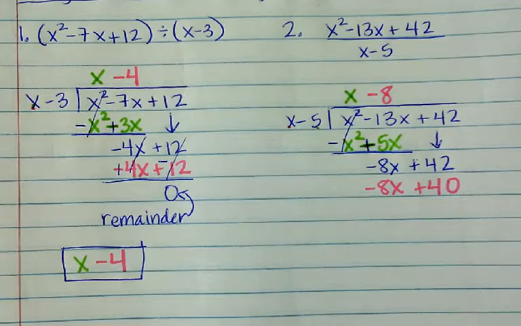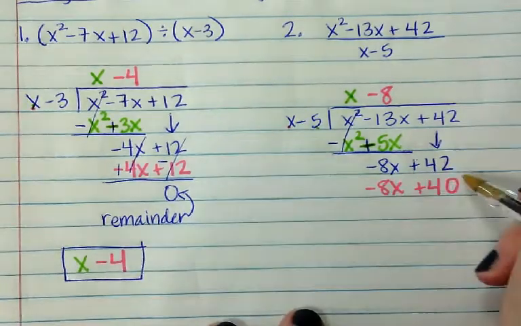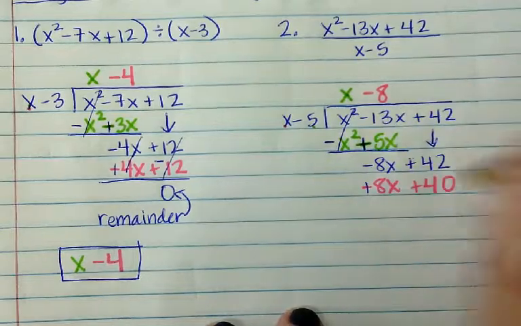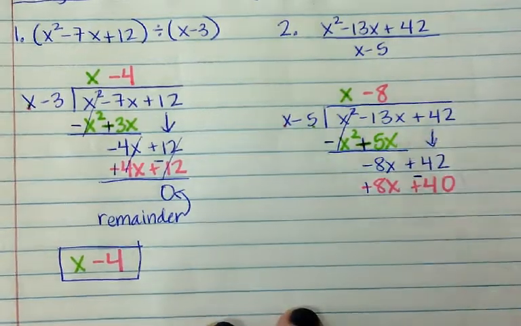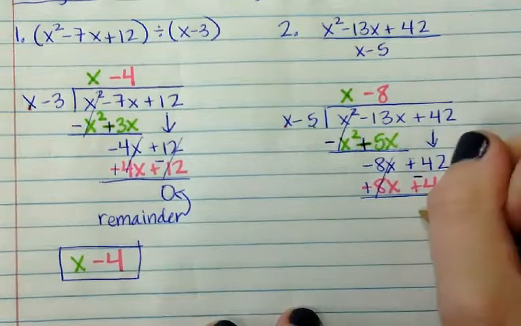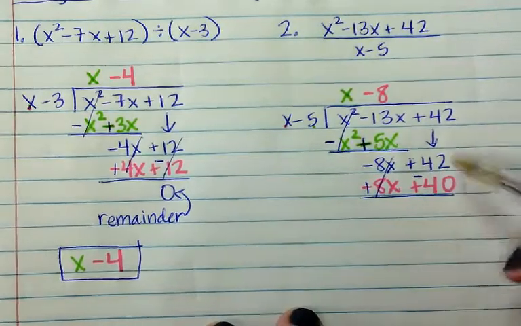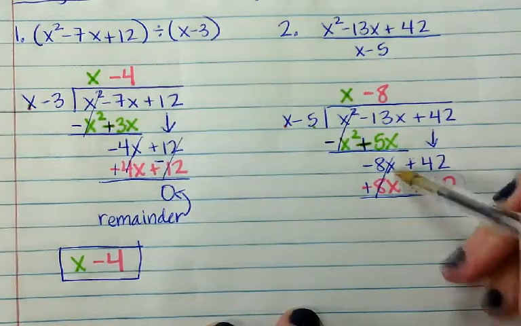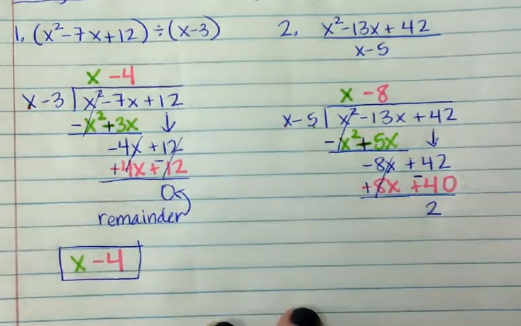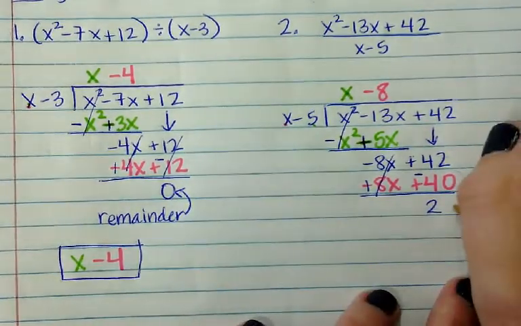So we change this sign, and we change that to be a negative. And we get negative 42. So the 8x and negative 8x cancel. 42 minus 40 just gives us 2. So this guy right here, that is our remainder. Now we actually have a remainder, don't we?